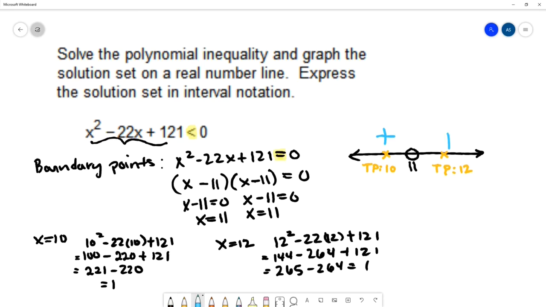So in this interval, my y values are positive based on that test point.